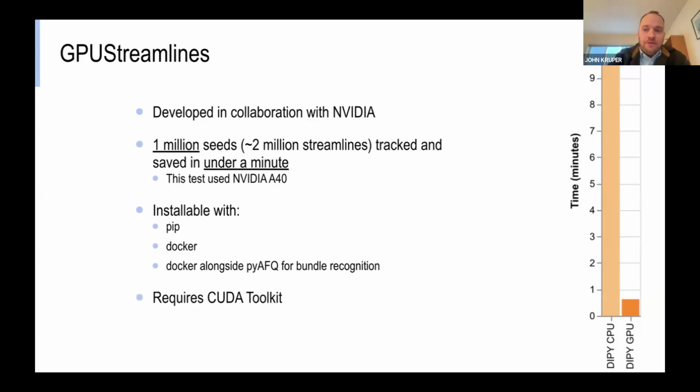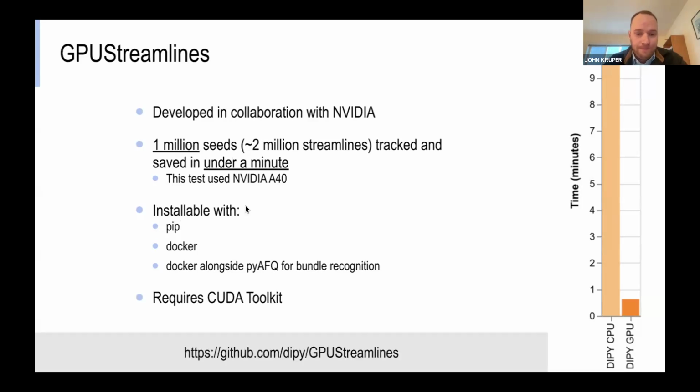It does require the CUDA toolkit and CMake, which you probably need for running almost anything on the GPU. And it does interoperate with DIPy, diffusion imaging in Python, which is a very popular library for running diffusion imaging algorithms in Python. It's based on that whole interface and works in that ecosystem. And here's a link.